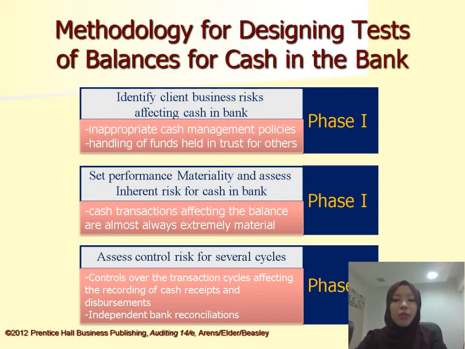Internal controls over year-end cash balance in the general account can be divided into two categories. First is control over the transaction cycles affecting the recording of cash receipt and disbursement. Second one is the independent bank reconciliations control affecting the recording of cash transactions, which are essentially assessing the control risk for cash.